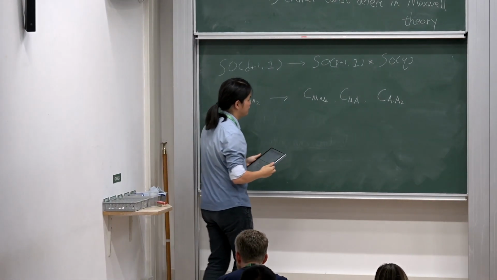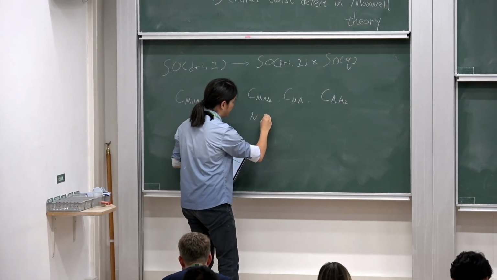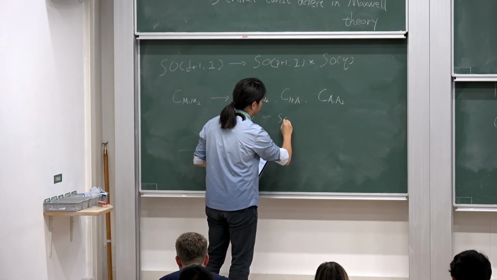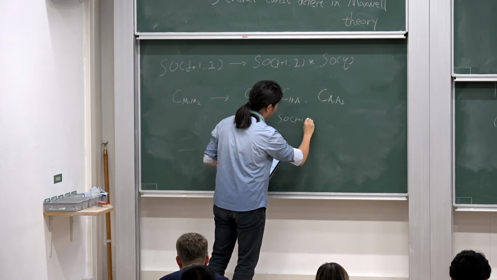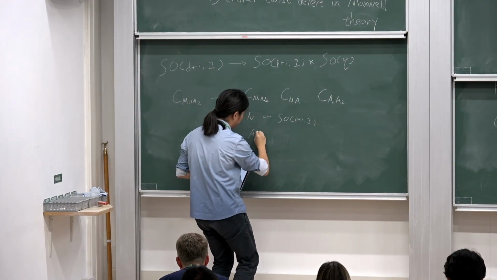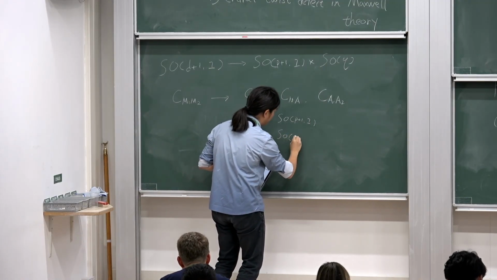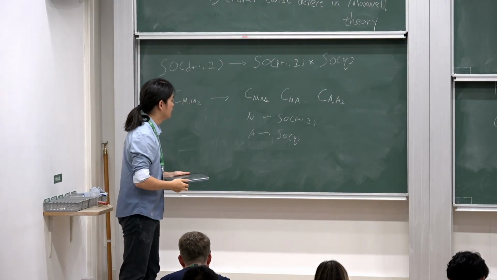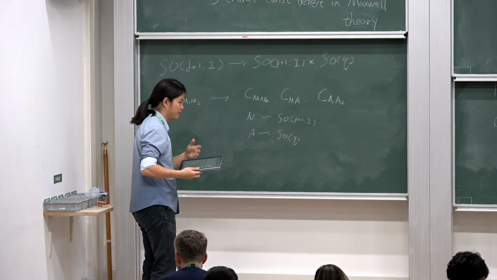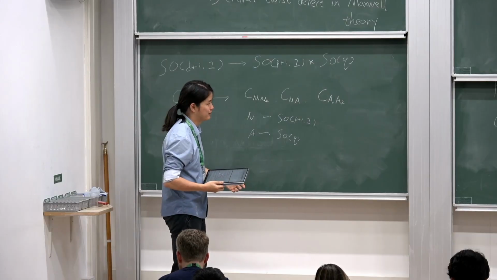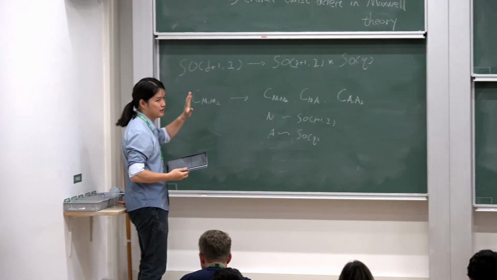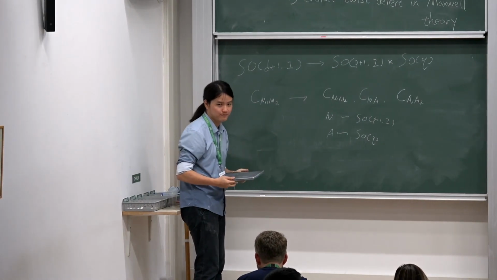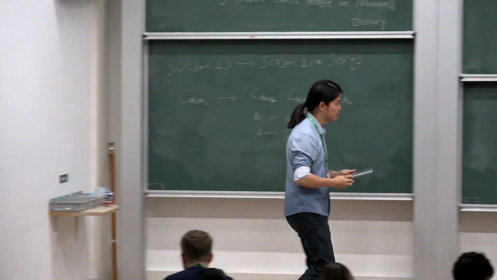Here I'm using the convention that N transforms under SO(P plus 1, comma 1), and A transforms with respect to SO(Q). Okay? So I'm just making things even more complicated, because now instead of one kind of tensor building block, we're having 3.